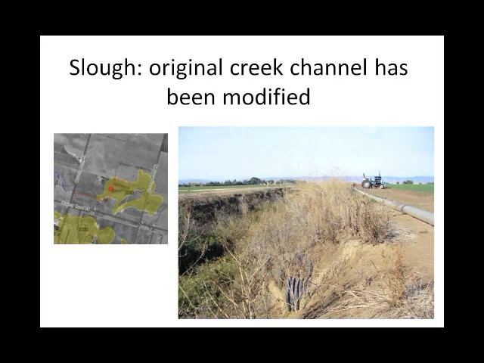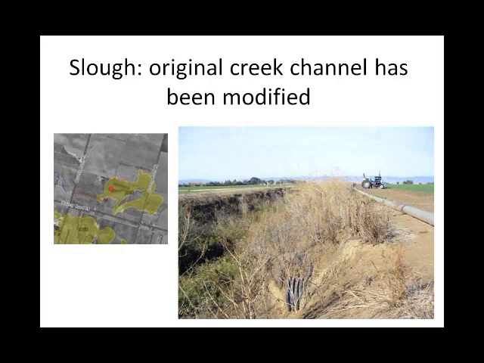If you look at the little map from the USDA soil survey on the left, you'll see that this creek channel that once was presumably meandering across the landscape has been nicely configured at a right angle to go along the sides of fields.